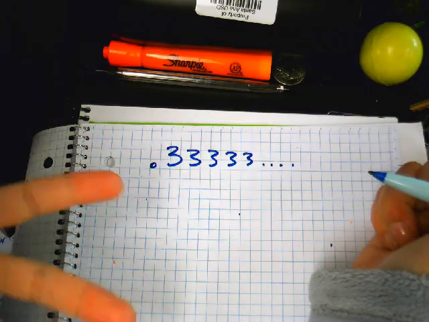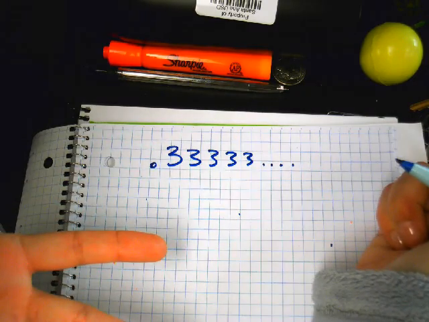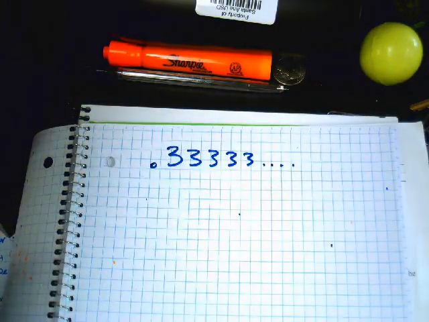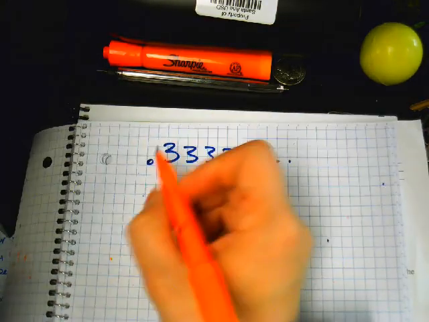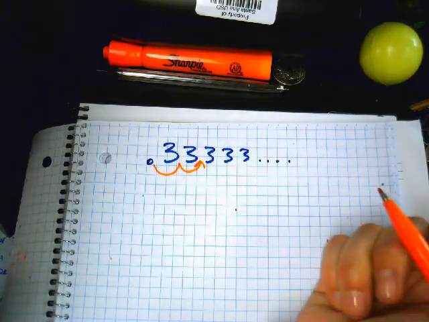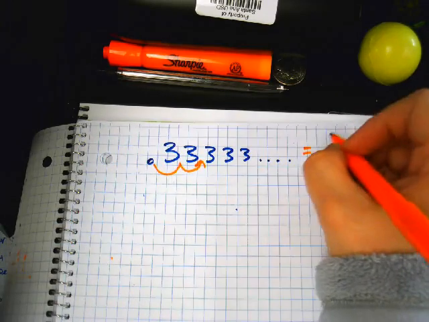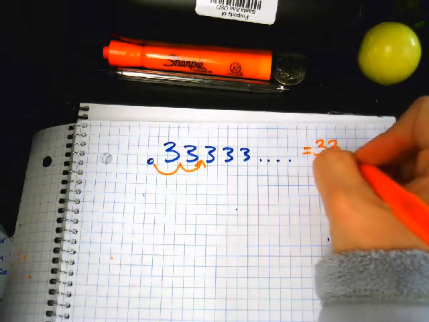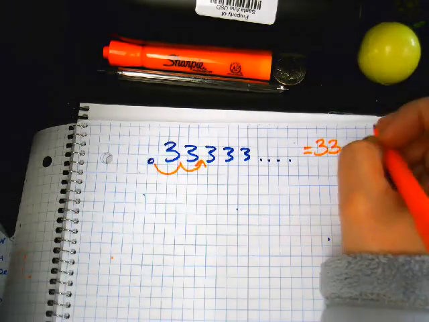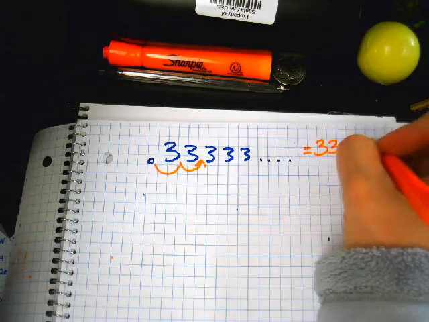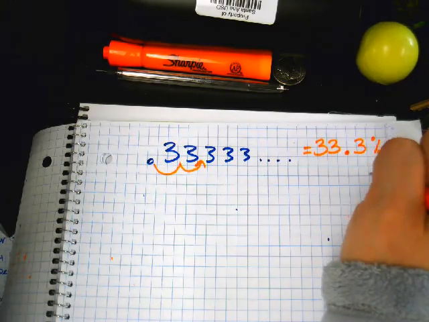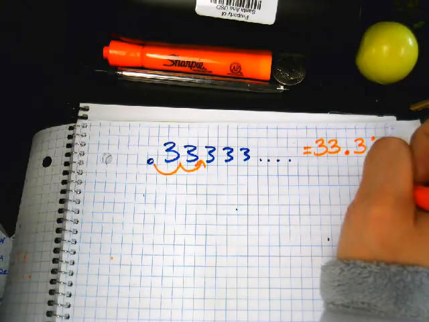So how would I write the percent? How many times do I move it? 1, 2, right? So what percent would this be? 33.3%.